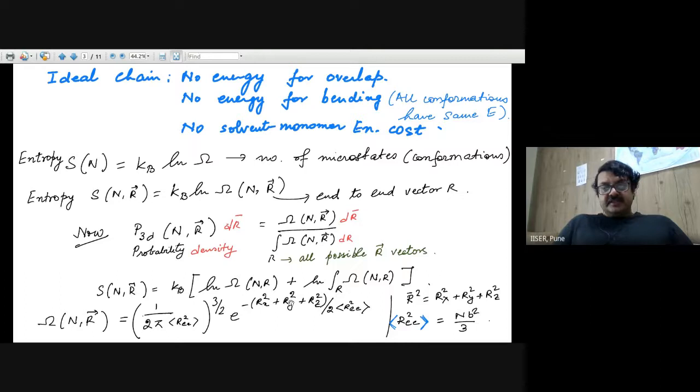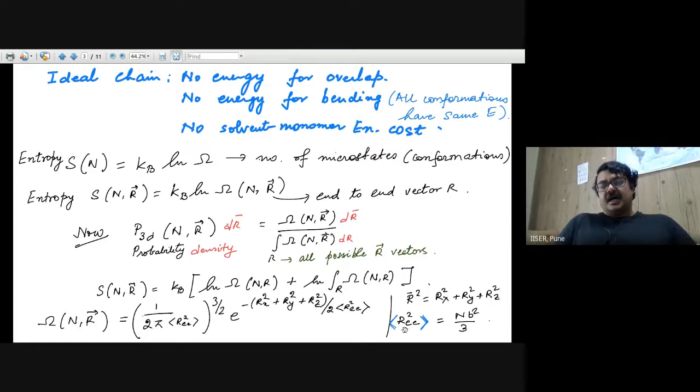Where this quantity R_EE squared is nothing but the mean of the end-to-end vector squared. This is the mean, and this is for a particular value of R. So this is the distribution, right?